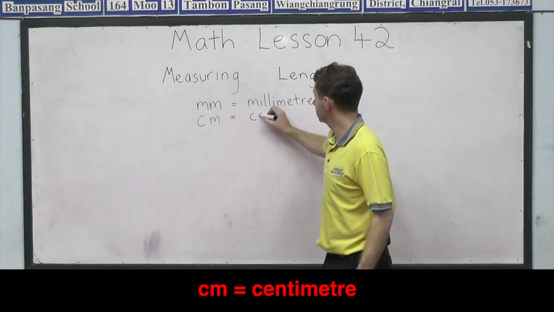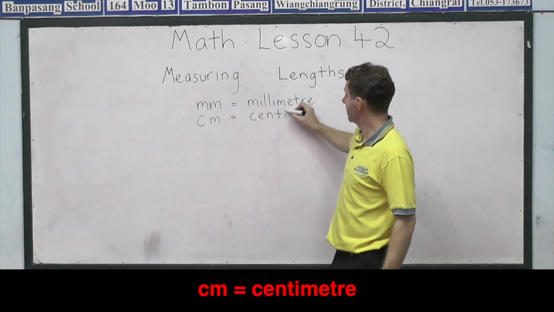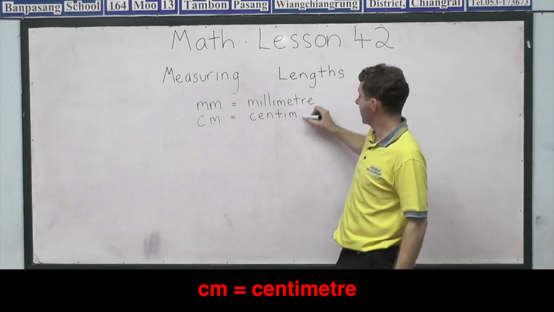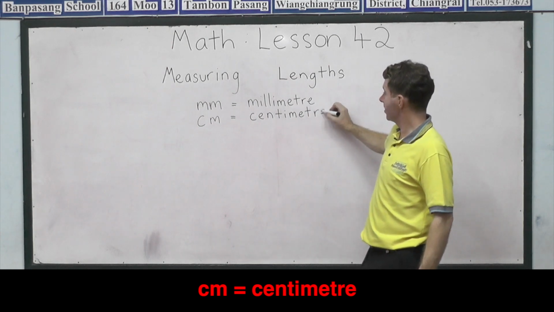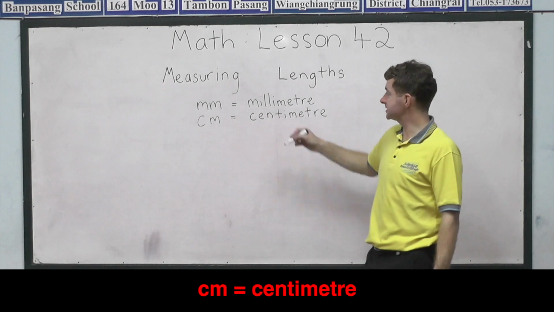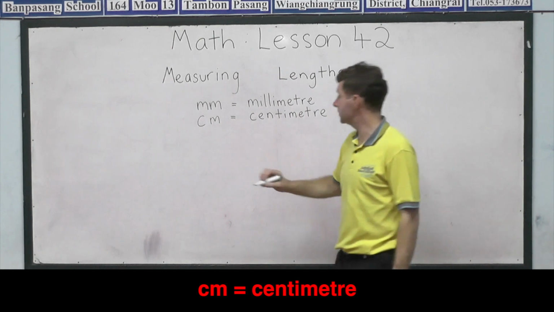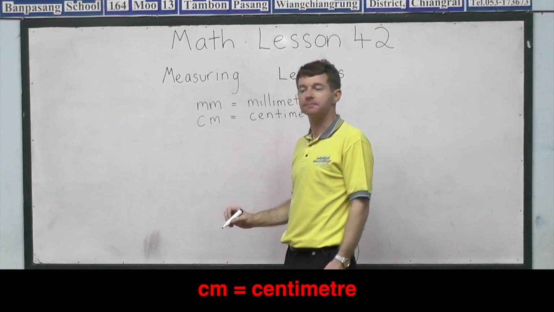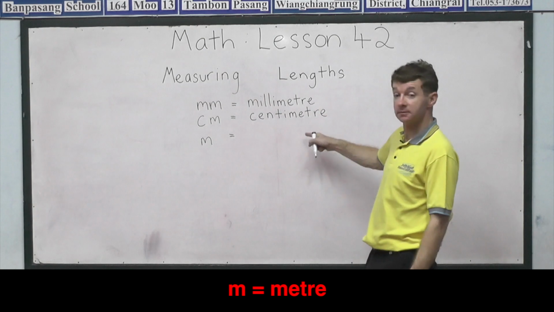Very good. And the next one, meter. What do we write for meter? M, just M. And we spell meter.